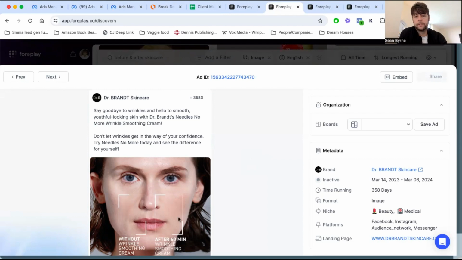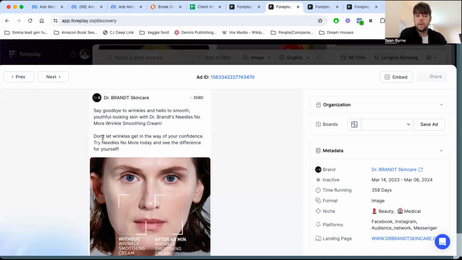Okay, these ads work really, really well. Say goodbye to wrinkles and hello to smooth. So say goodbye to this pain point and hello to this pleasure point. Okay, youthful looking skin by this brand. So don't let wrinkles get in the way of your confidence. Okay, because wrinkles obviously do maybe damage someone's confidence, for example.